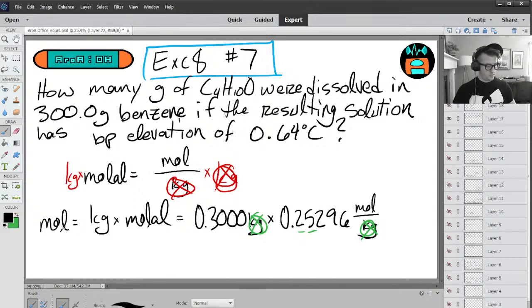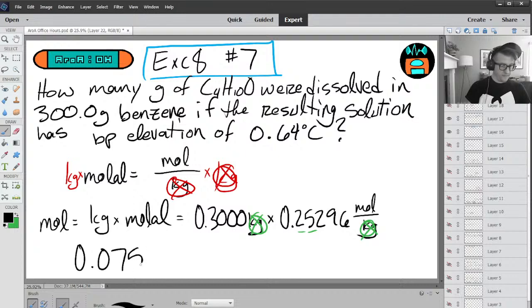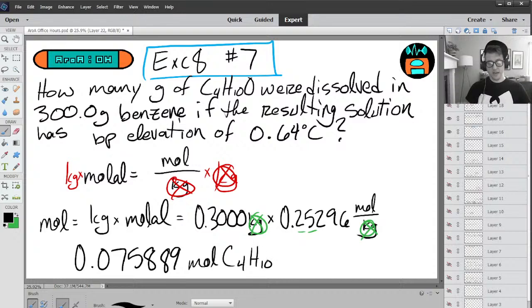So let's crunch these numbers, and we have 0.075889 moles of our solute, which has a chemical formula C4H10O, and we have 2 sig figs in this number.